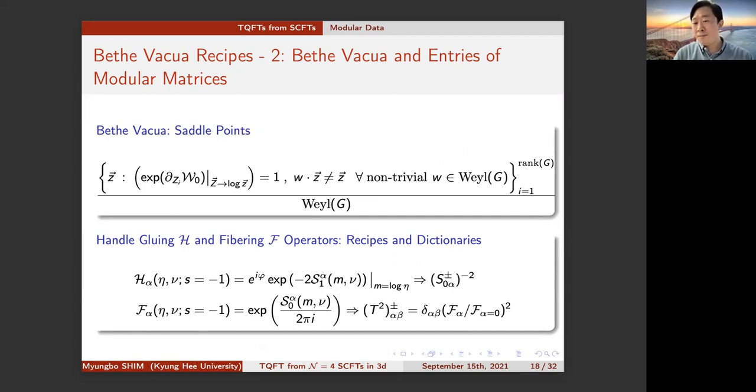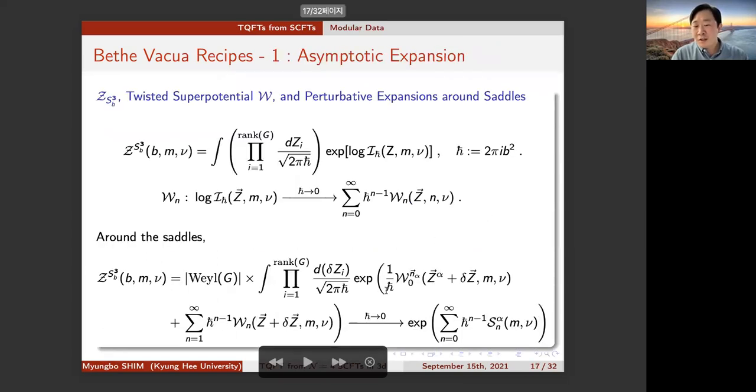The z_i's that are solutions of the saddle point equations are called Bethe-Vacua. Here we define the Bethe-Vacua not just as the solution of this saddle point equation, but up to the Weyl group of our gauge group G. So we need to quotient by this Weyl group, and the handle-gluing operator H and fibering operator F can be computed by the tree-level expansion and the first one-loop order expansion around the saddle point expansion.